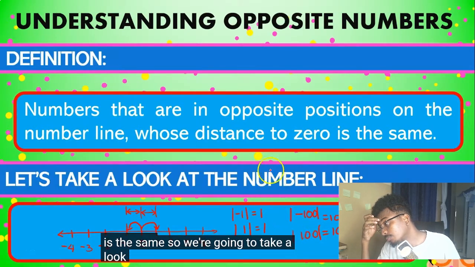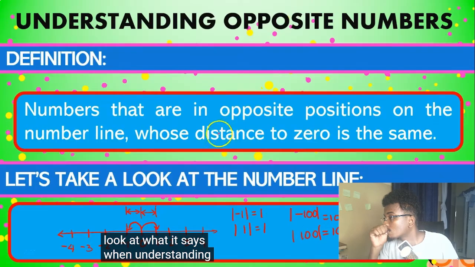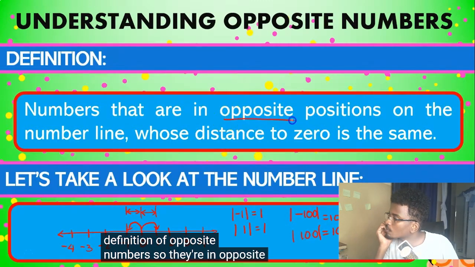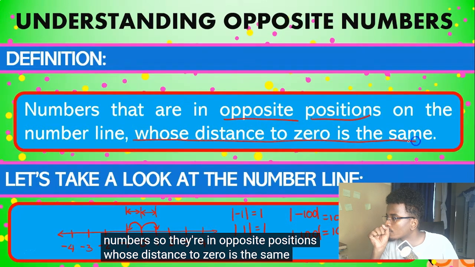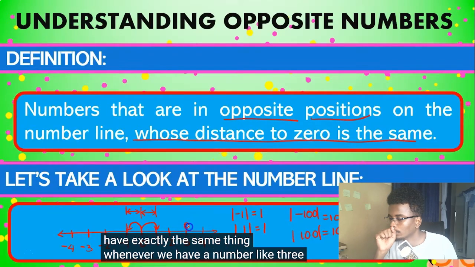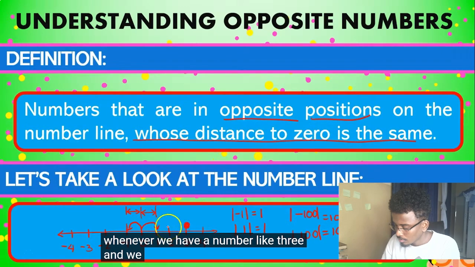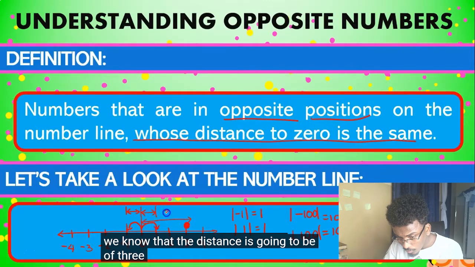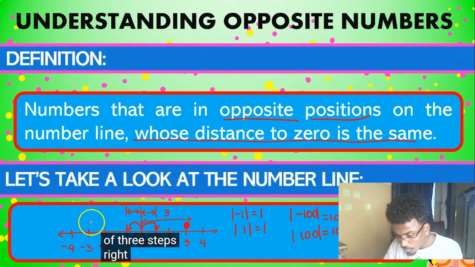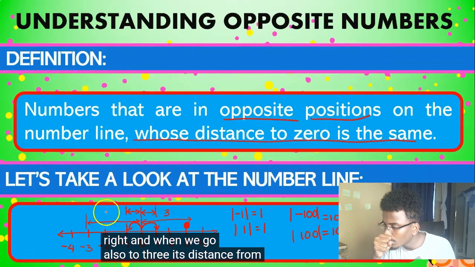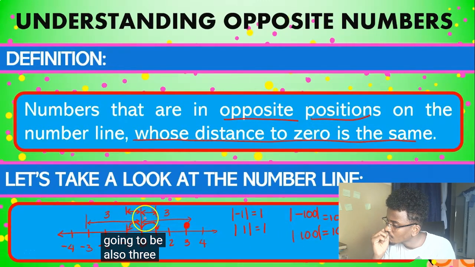So we're going to take a look at what it says when understanding the concept or the definition of opposite numbers. They are in opposite positions whose distance to 0 is the same. So we have exactly the same thing. Whenever we have a number like 3, and we see the distance from 0, we know that the distance is going to be 3 steps, right? And when we go also to -3, its distance from 0 is going to be also 3.